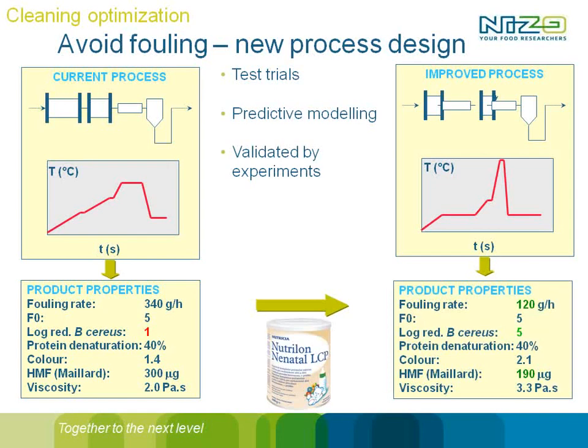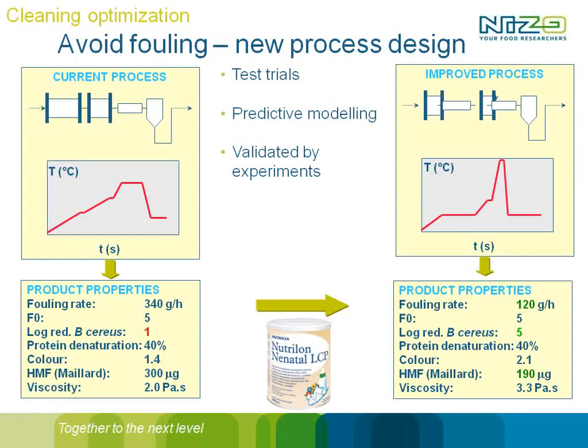And the nice thing about it, the fouling rate reduced from 340 to 120 grams per hour. Problem solved. In addition, the reduction of Bacillus cereus, which is an indicator organism for spore growth, was a 5 log reduction instead of 1, a huge increase.